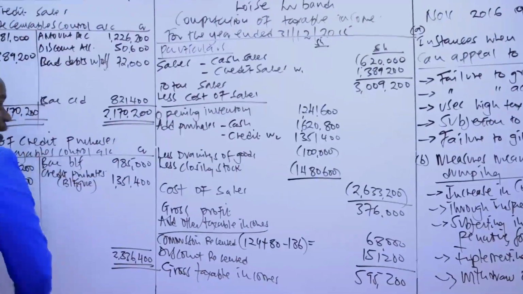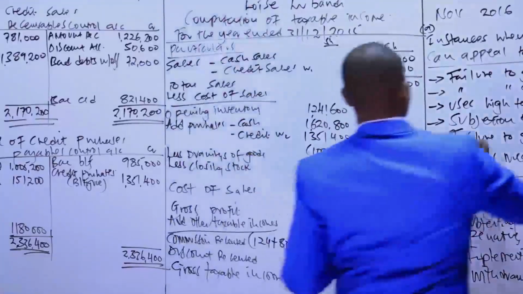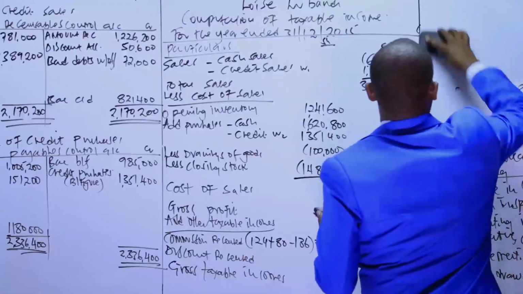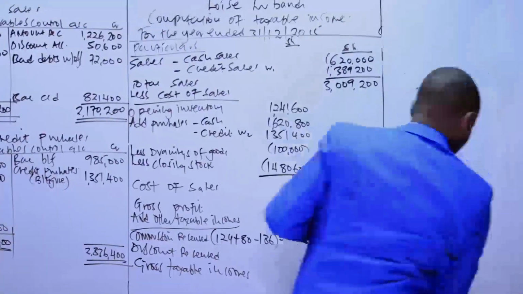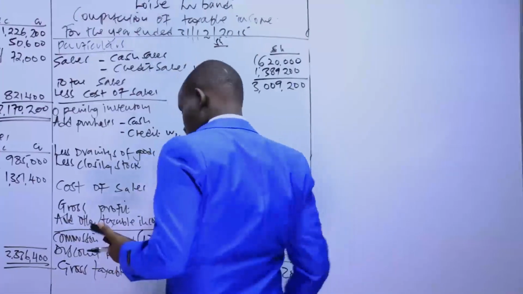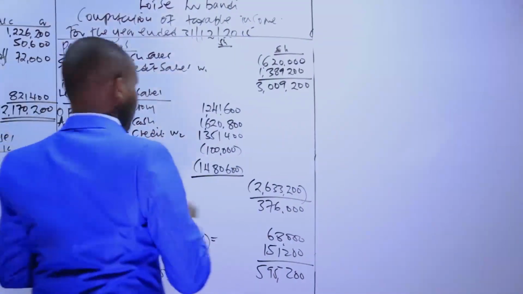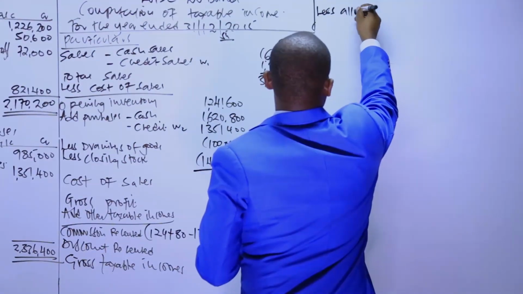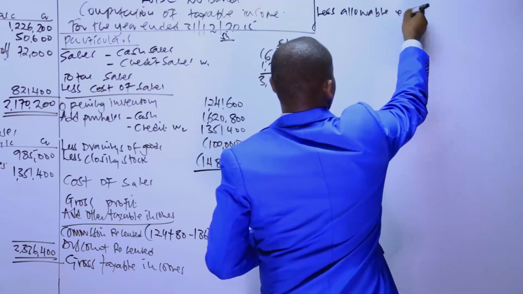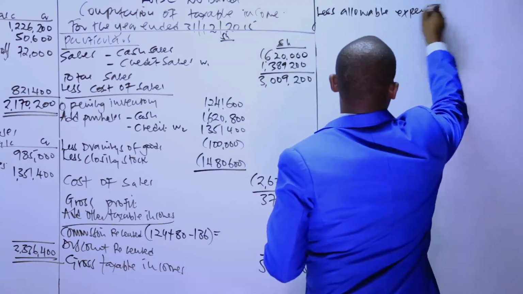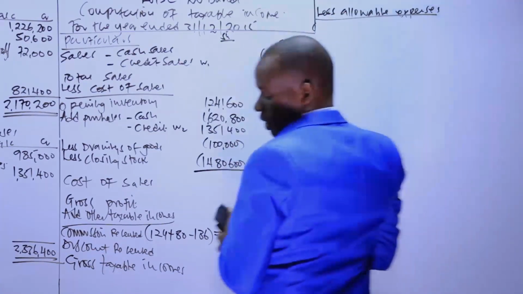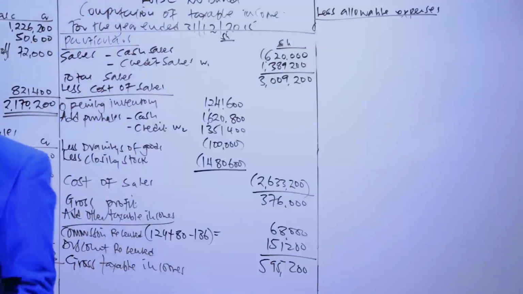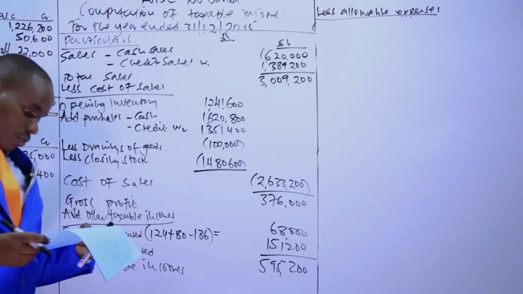From there, you raise the allowable expenses. Let's continue on this end. We less the allowable expenses. For the allowable expenses, let me start with the additional information.